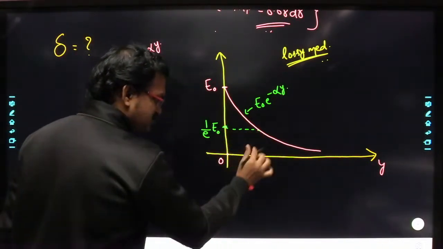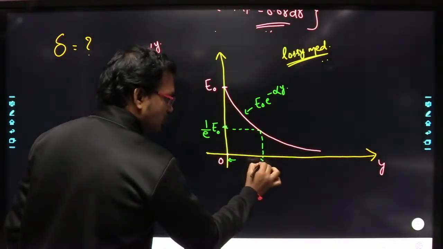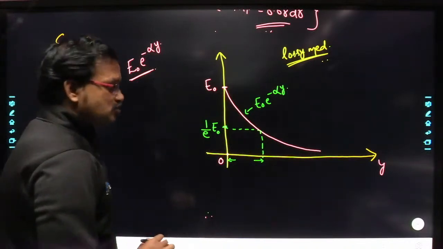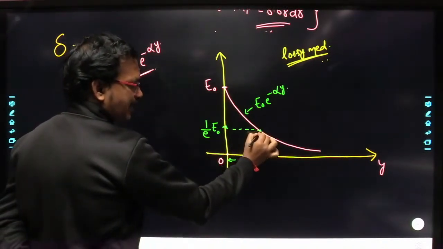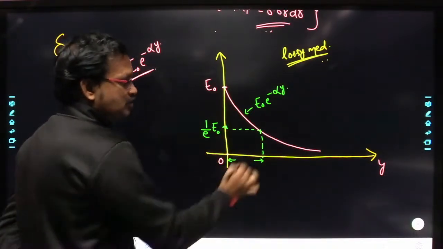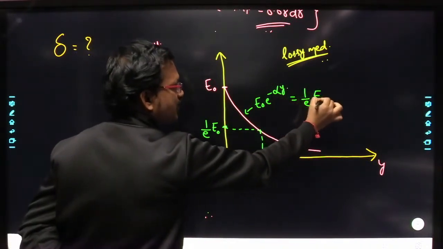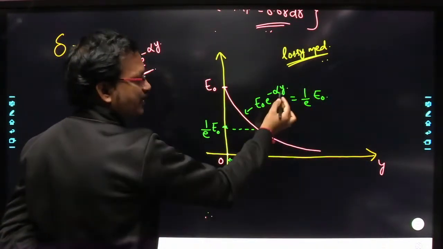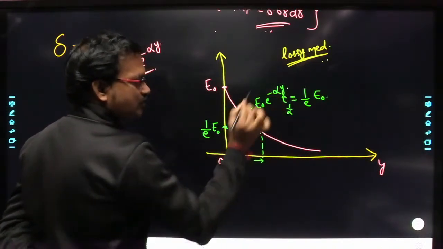So this distance here, we call it as skin depth. So what is this distance? Tell me. At this location, the amplitude is becoming 1 by e times of E naught. So when will this become 1 by e times of E naught? Whenever y is equal to 1 by alpha. Understood?